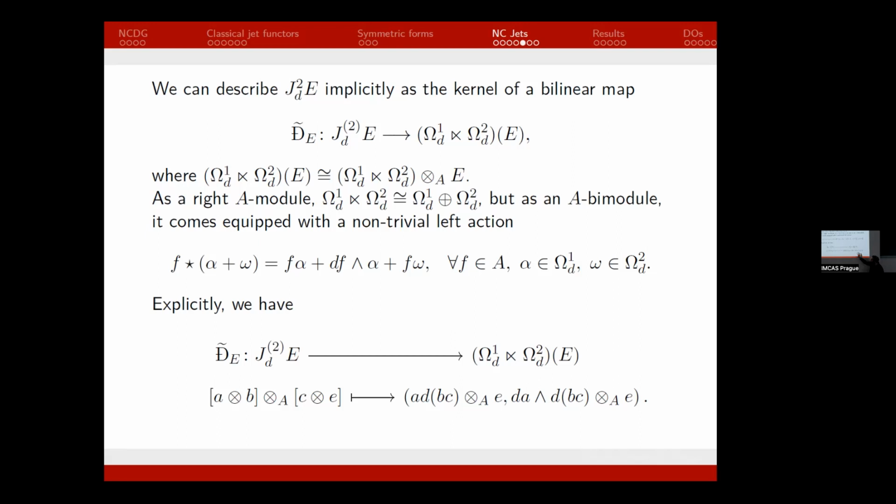So it splits as a left module, it splits as a right module, but it doesn't split as a bimodule in general. Okay, am I right also then? We have this right splitting that is written, and then we have this action by star. And if I split with respect to the right splitting, the left action will be something like multiplying. It mixes the two. Okay, so yeah, it mixes the components.